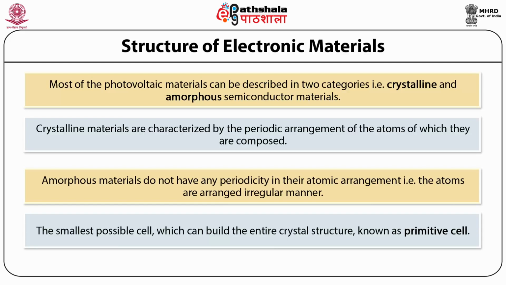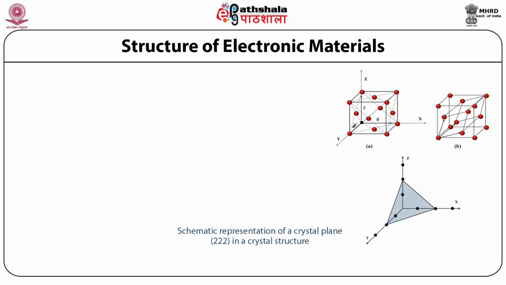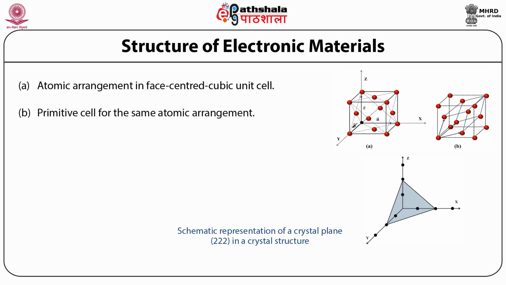Such primitive cells contain all the information about the crystal structure, such as atomic positions, lattice constant, number of atoms in the unit cell, etc. Now the below figure, part A, shows the atomic arrangement in the face-centered cubic unit cell, and part B represents the schematic of the primitive cell for the same atomic arrangement.